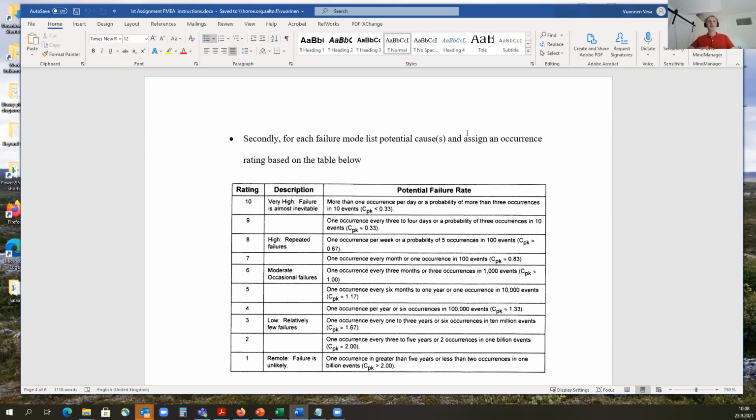And then in the report you have the joint part, so you have the generic description of the product, you have the FMEA Excel, and that is the same for everyone, and I'm grading the same points for everyone. And then you have your individual part.